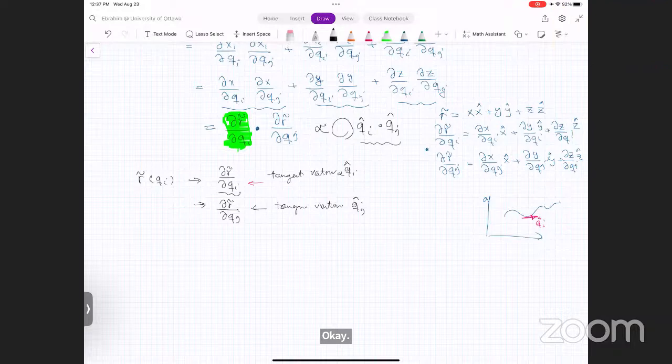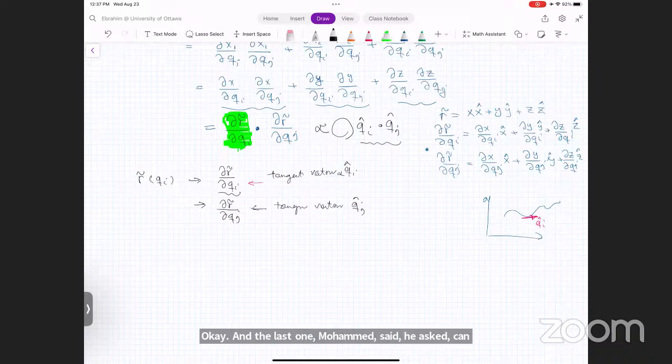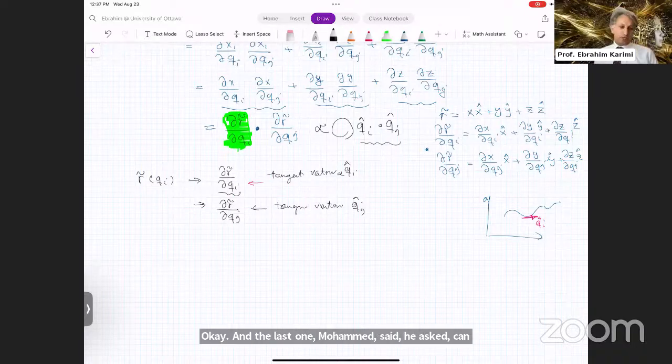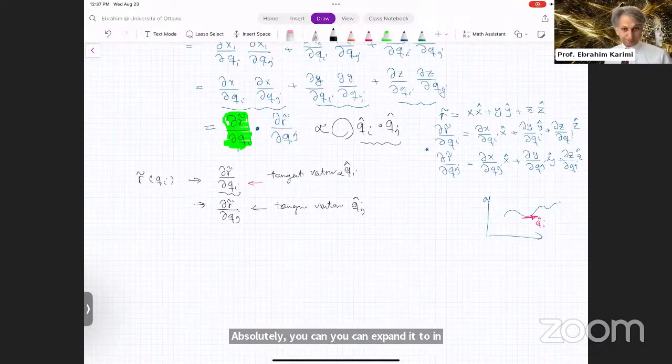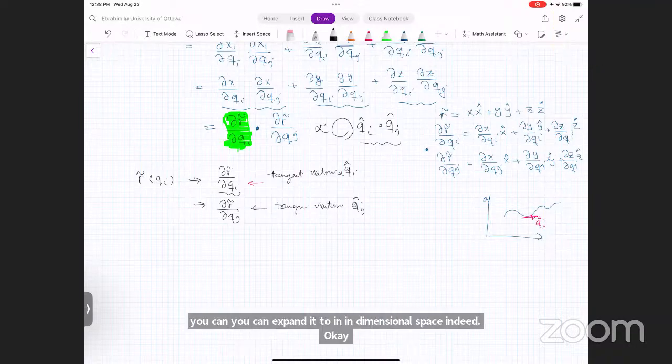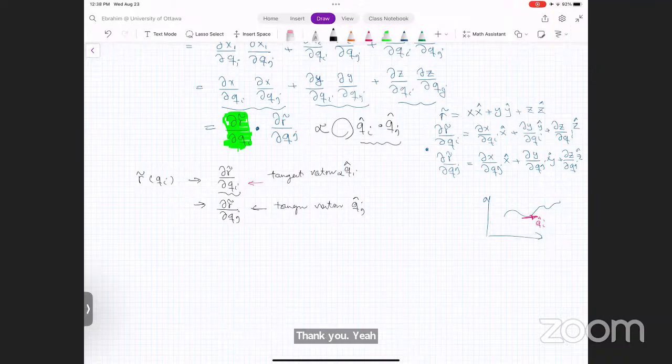Question: can you generalize this for more than 3 dimensions? Absolutely, you can expand it to n-dimensional space, indeed.